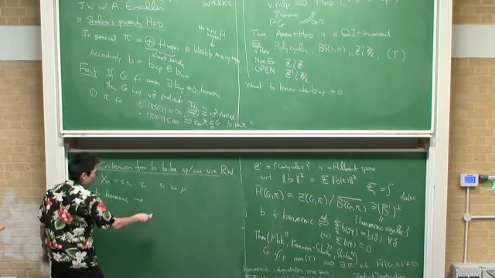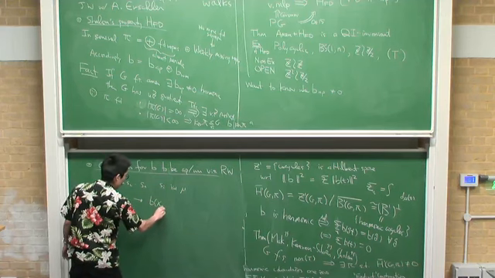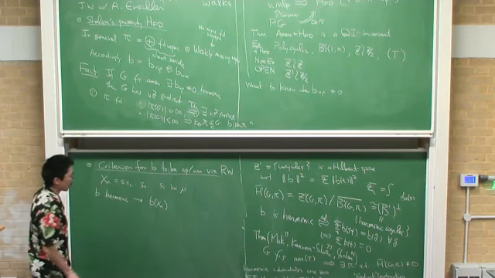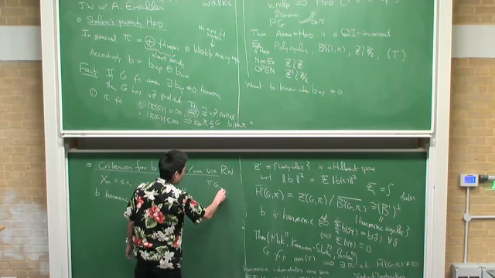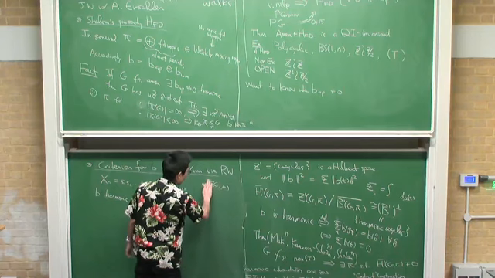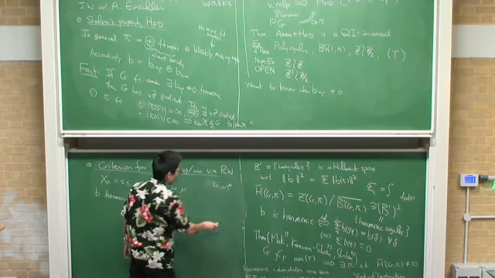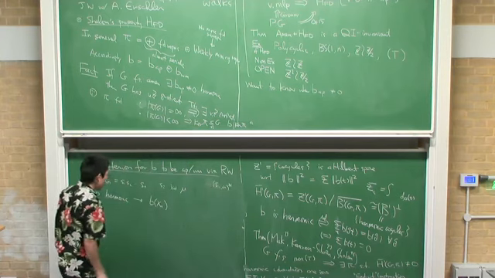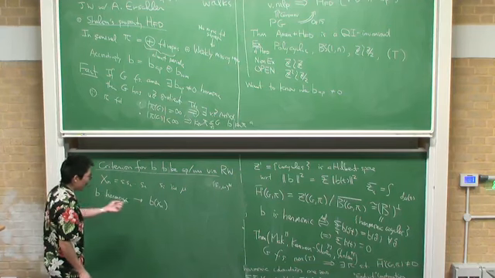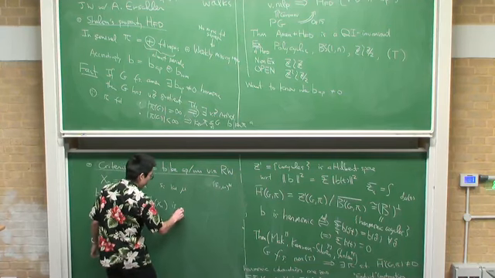This implies that B(x_n), so this is a random variable, the probability space is given by this, or it's actually support S, doesn't matter. Then this is a martingale.